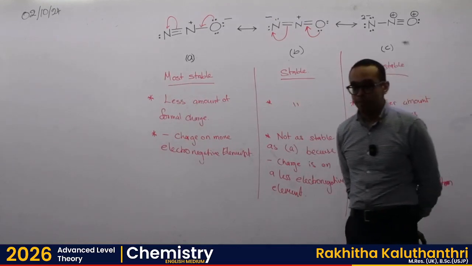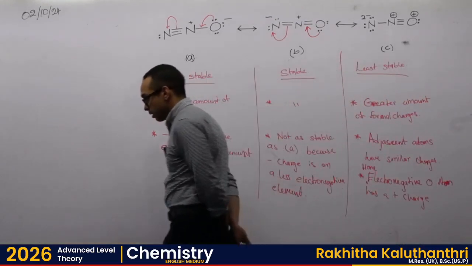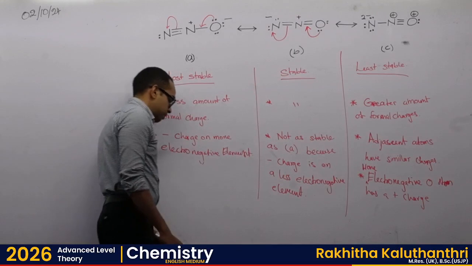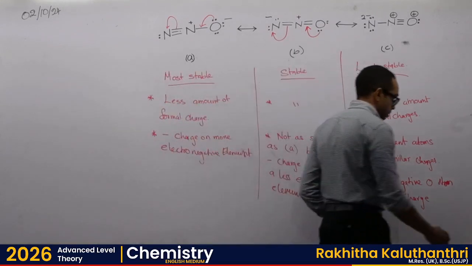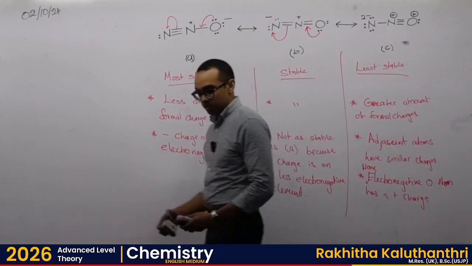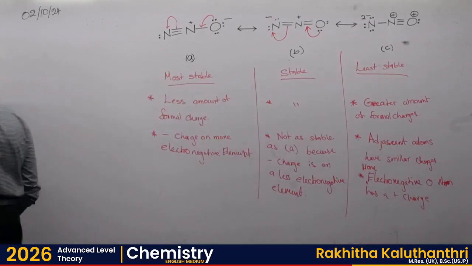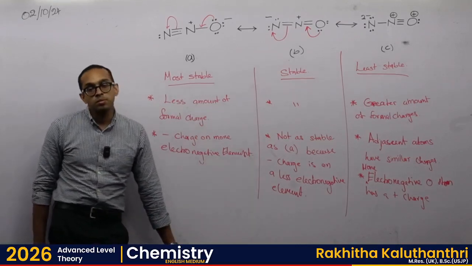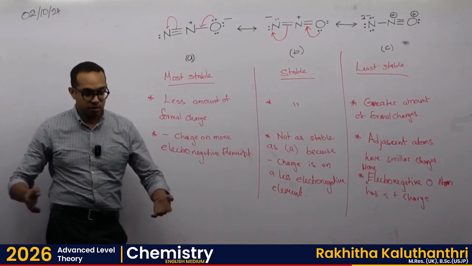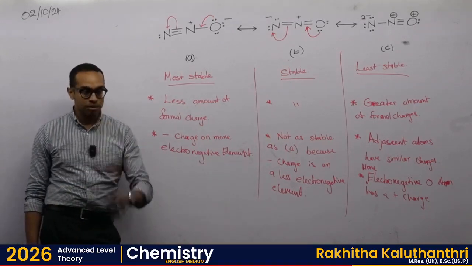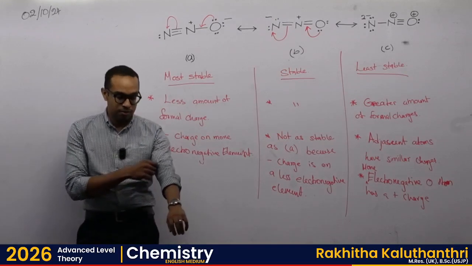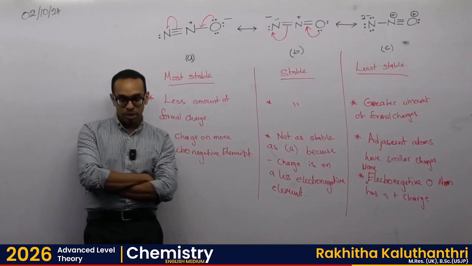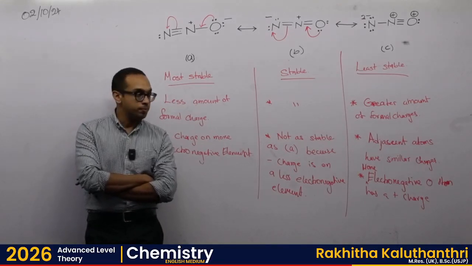Contribution towards the resonance hybrid is greatest from structure A, as it is the most stable.